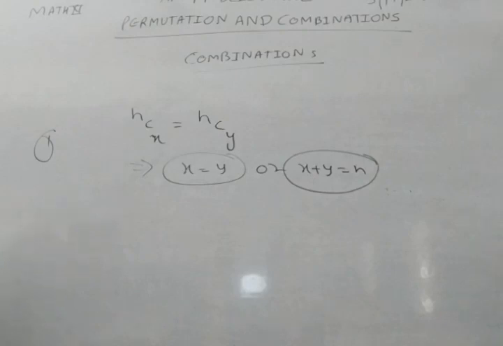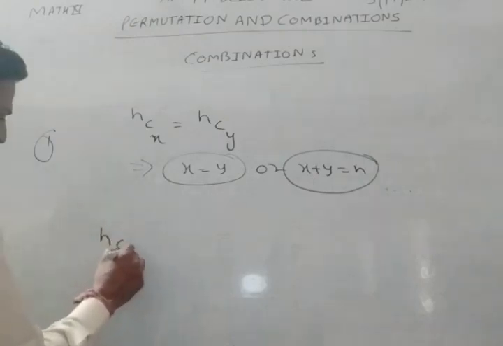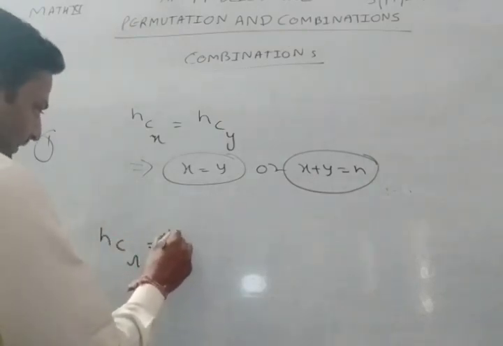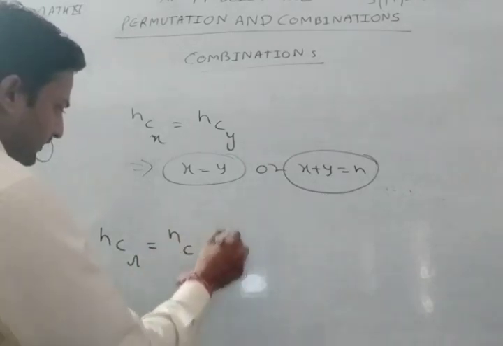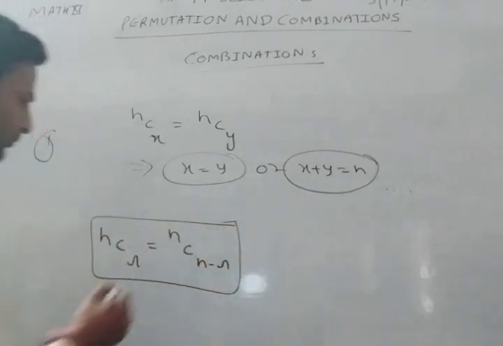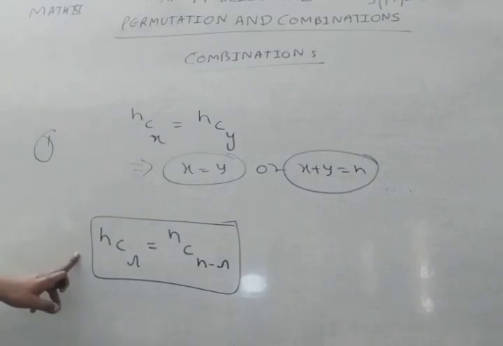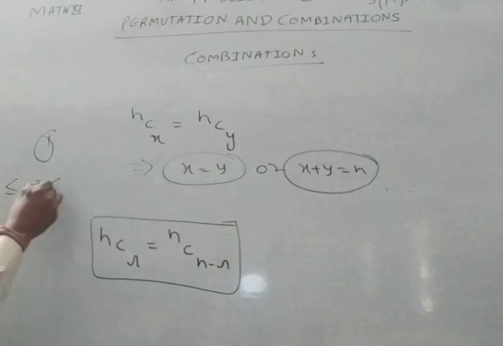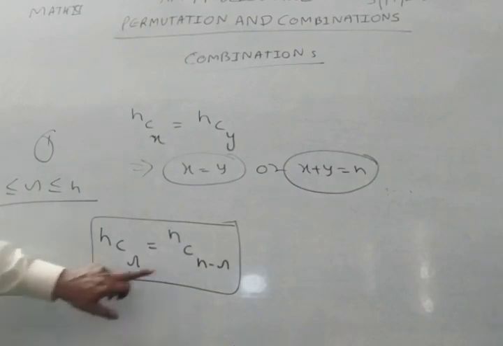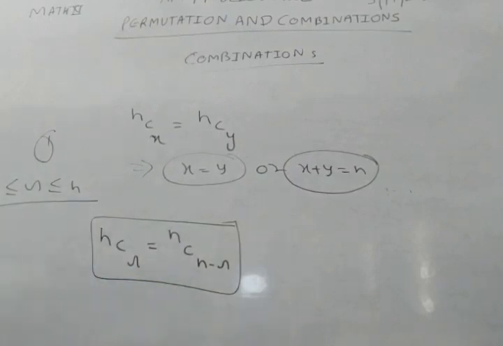Another property is nCr is always equal to nC(n minus r), for r greater than or equal to 0 and less than or equal to n. We will always use this important property.